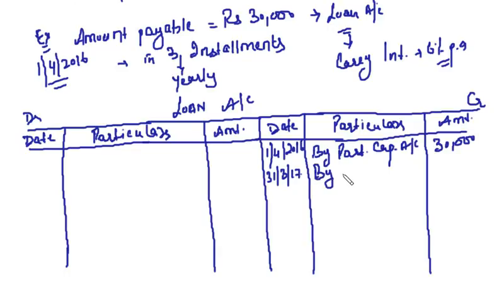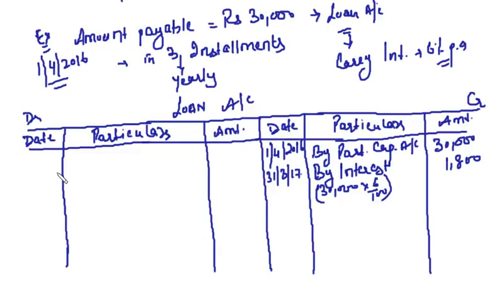What will be the interest? Interest will be 30,000 multiplied by 6% per annum. This comes to 1800. This is the yearly interest, first year interest.